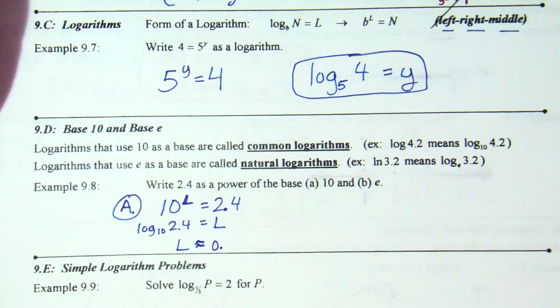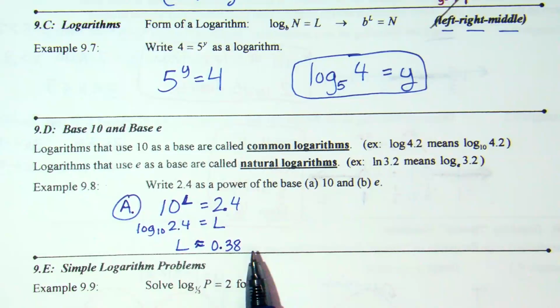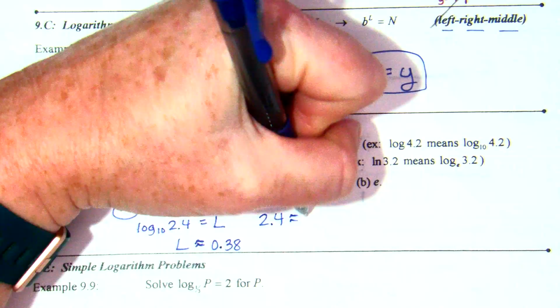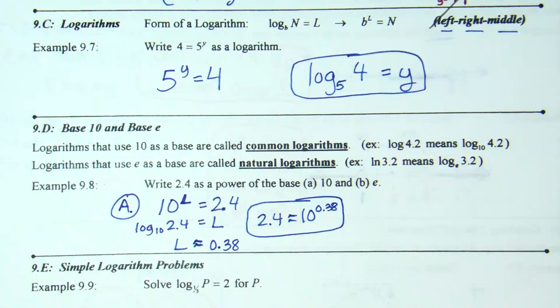But I am hungry for lunch. 0.3802. Okay, I'm going 0.38 for this. I guess I could go more than that officially. So now, if we go back to our original statement, write 2.4 as a power of base 10. So 2.4 is approximately 10 to what power? 10 to the, what I wrote as 0.38 number.